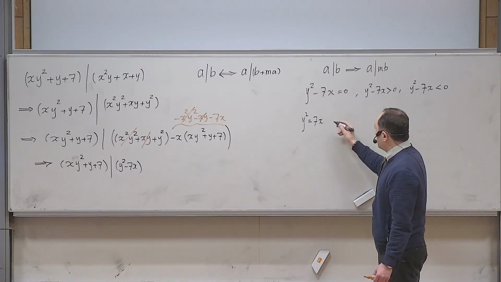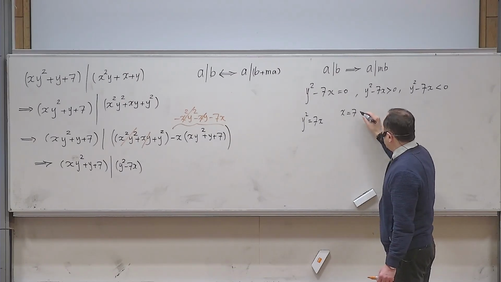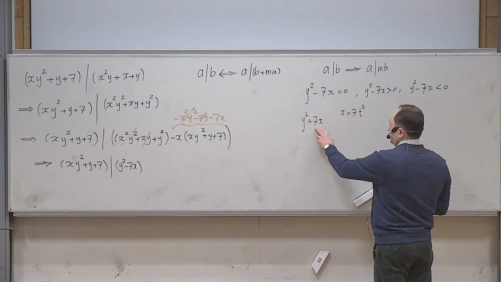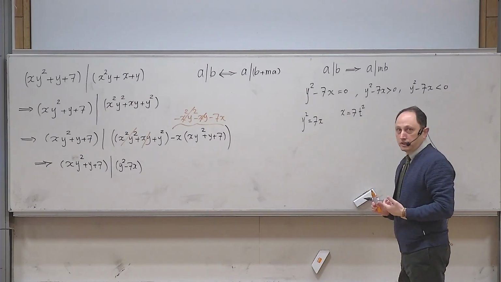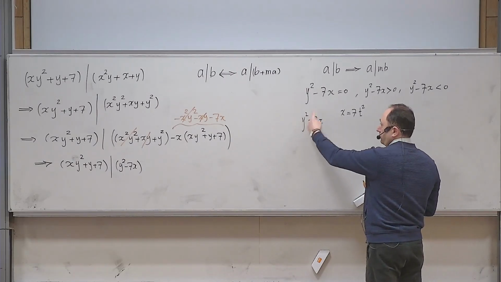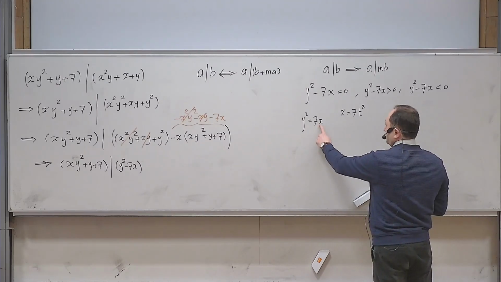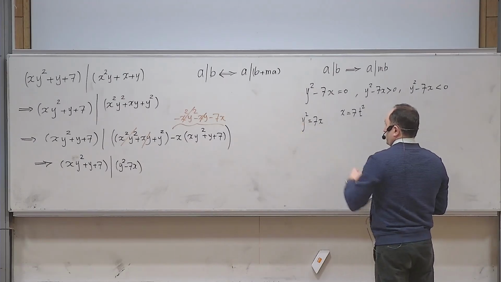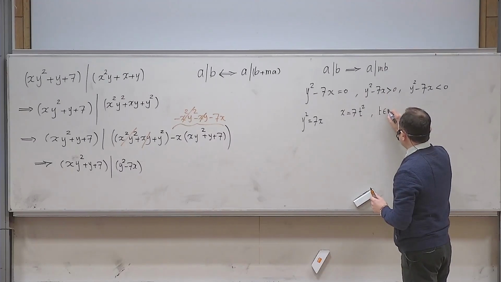So one possibility is that x is a multiple of 7, but 7 times a complete square itself, because if it is just a multiple of 7, it gives me 7 to the power 2, but the leftover might not be a complete square, but I want the product to be a complete square because the left-hand side is a complete square. So the only possibility for x that I can imagine that gives rise to a complete square on the left is if x has this combination, where t is a natural number.